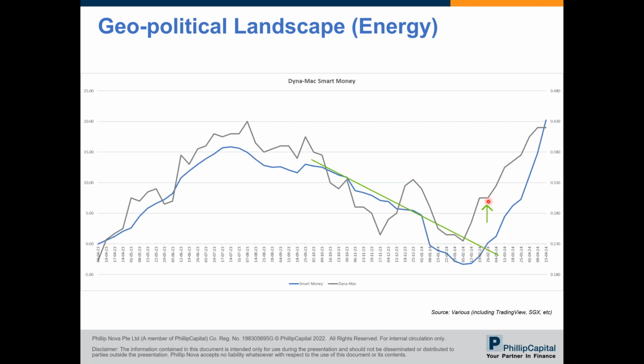From February onwards, the share price was trading close to 30 cents, and it has been moving up to close to 40 cents. So it's a 10-cent move in the span of 2 months, about a 33% move for a 30-cent stock.